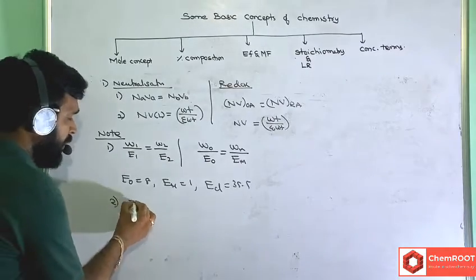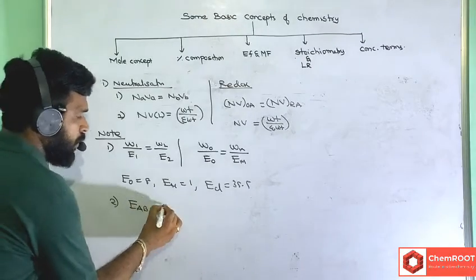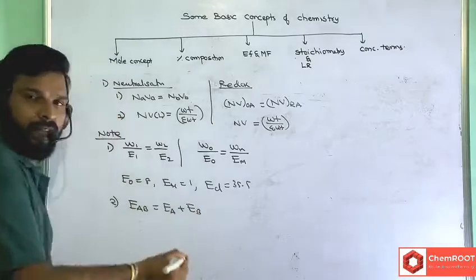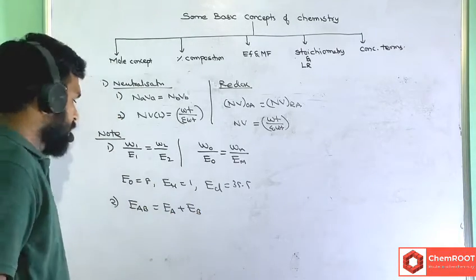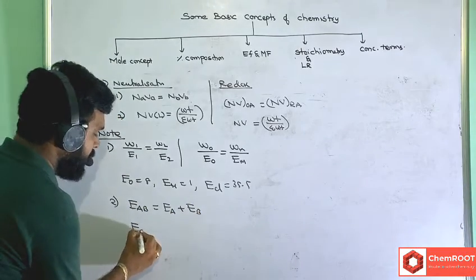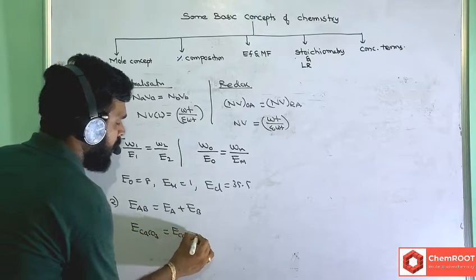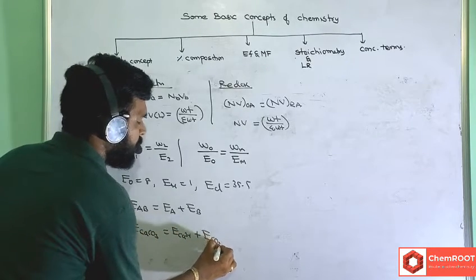Second, the equivalent weight of AB is equal to the equivalent weight of A plus the equivalent weight of B. This is also a very important one. Suppose the equivalent weight of calcium carbonate is equal to the equivalent weight of calcium plus the equivalent weight of carbonate.